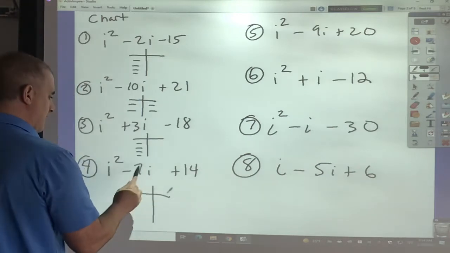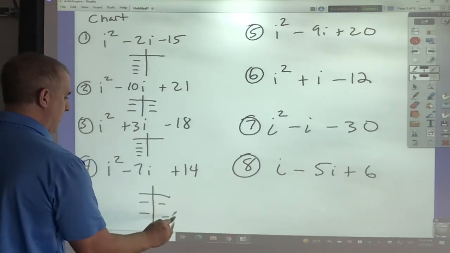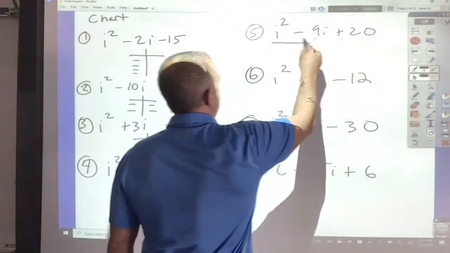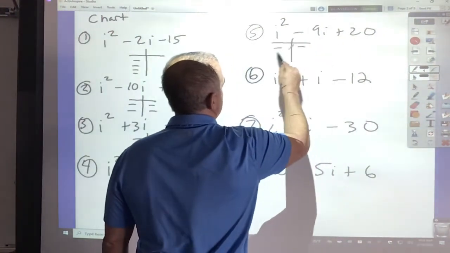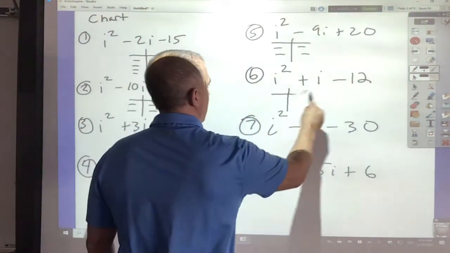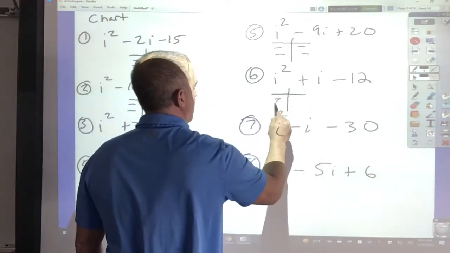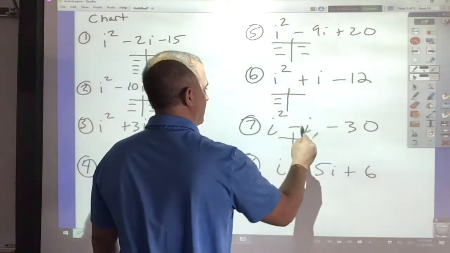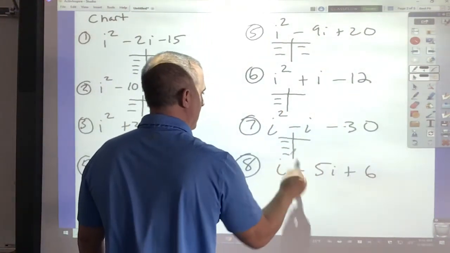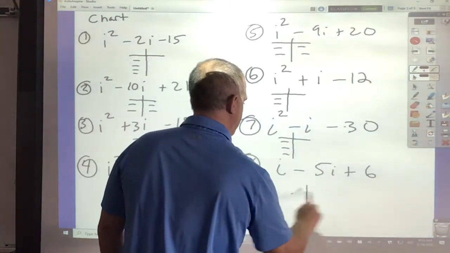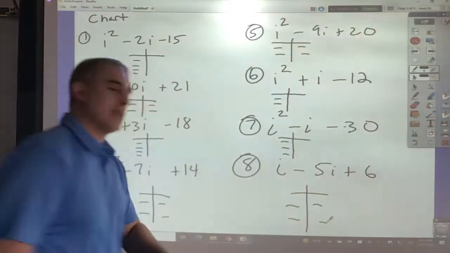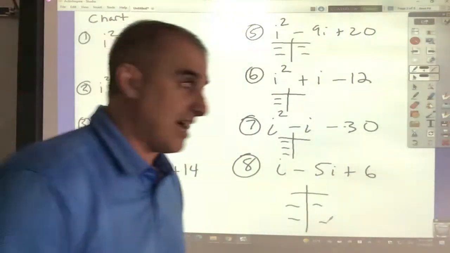See a negative, but that's positive, both sides. I see a negative, but that's positive, both sides. I see a negative, but that's negative, one side. I see a negative, and that's negative, one side. I see a negative, but that's positive, 2 sides. So that's the big thing. You have to know how many sides are negative.